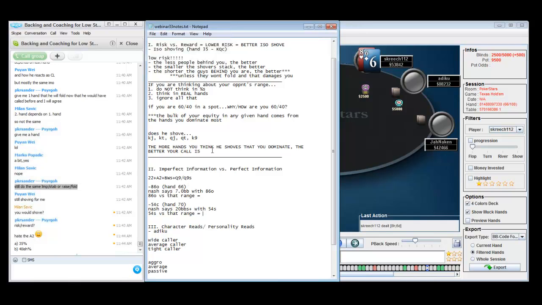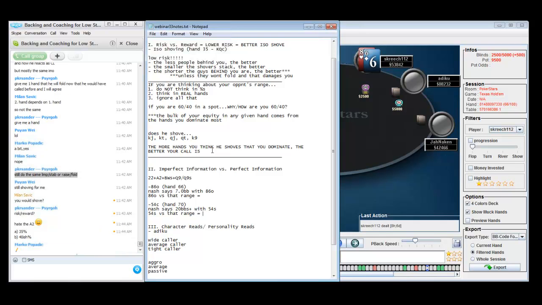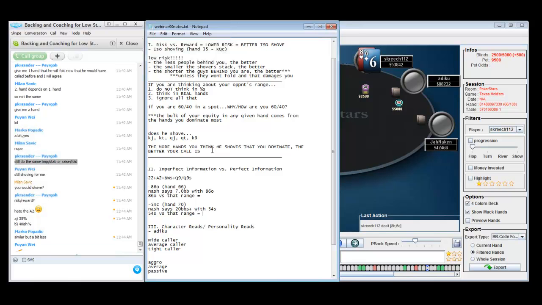Okay, good guess. 35 and 40. Anybody else? Keep in mind that with 5-4 clubs, Nash is saying you can shove 3 times as many big blinds than with 8-6. Anybody else have a guess? We got a 35 and a 40. Throw some numbers out.